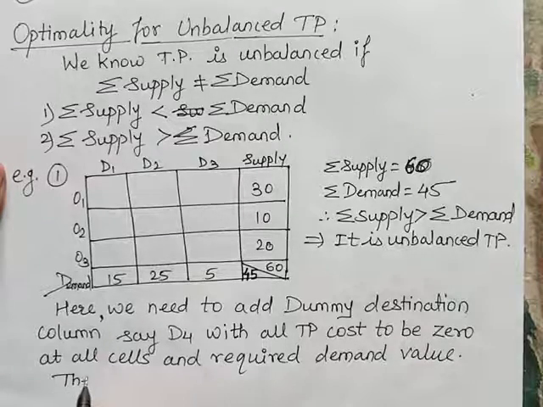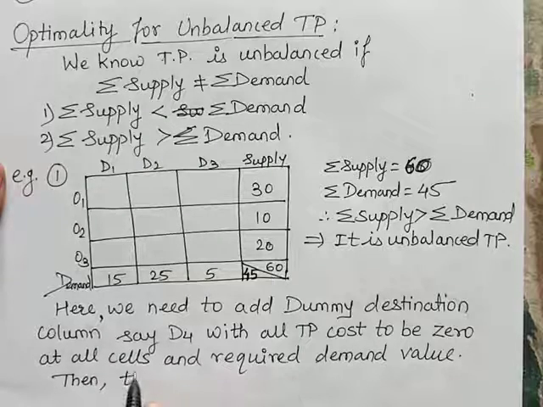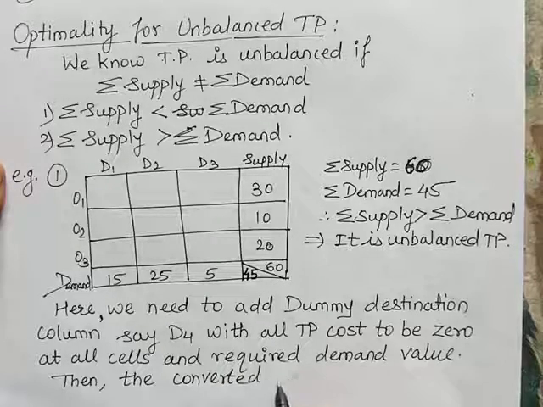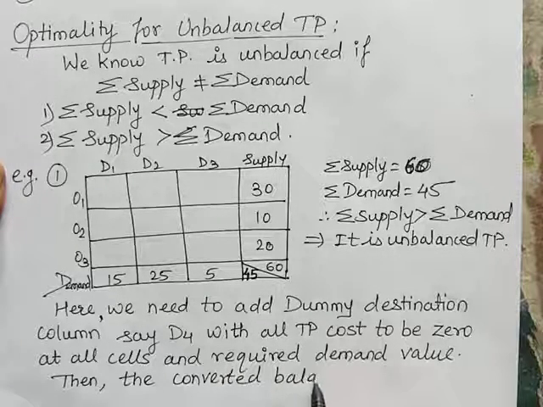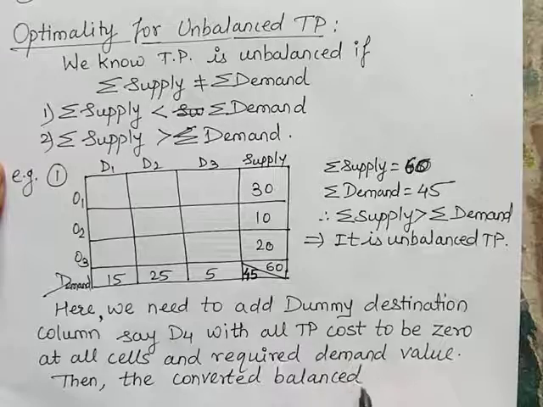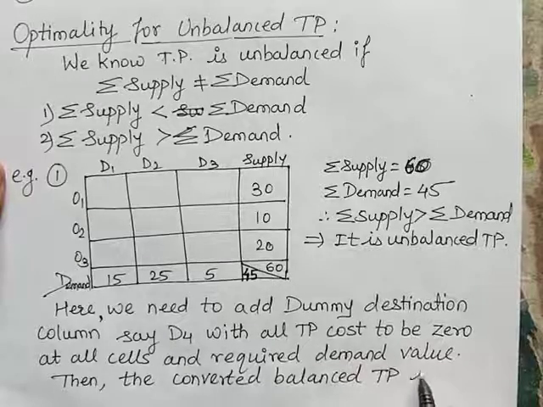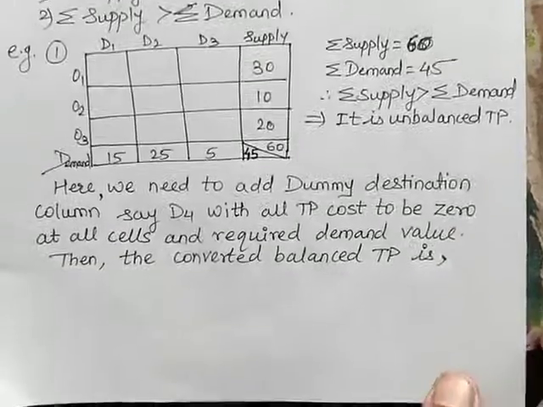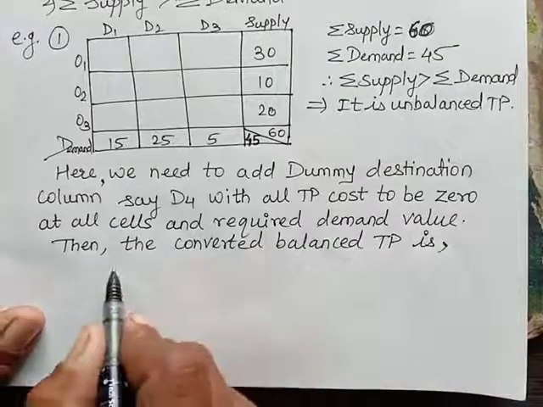Then the converted balanced TP will be as follows.